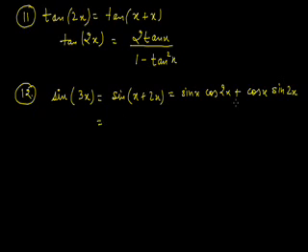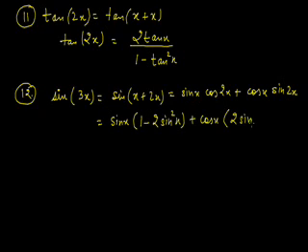Now we should convert all the trigonometric ratios into terms of sin x only. So it will become sin x into 1 minus 2 sin square x plus cos x into 2 sin x cos x.